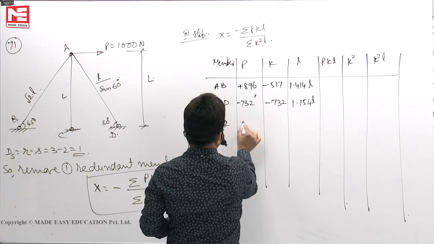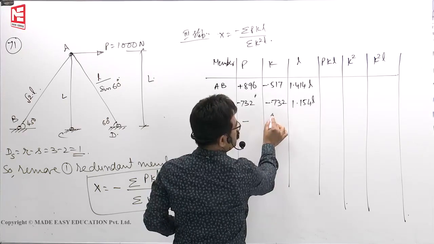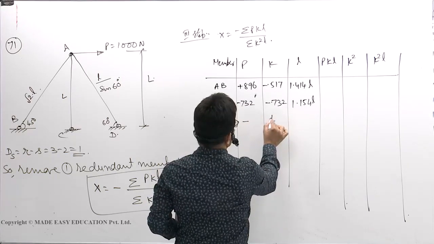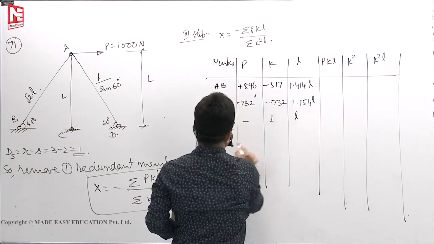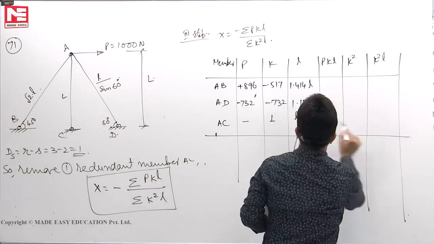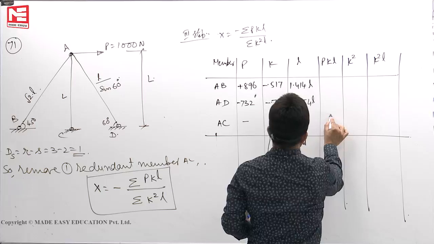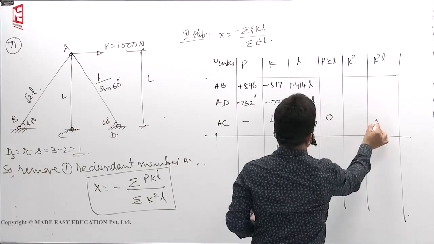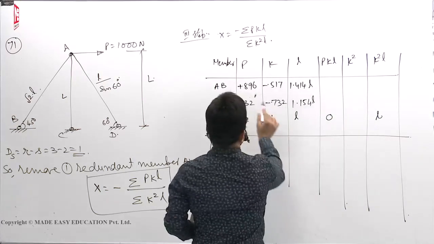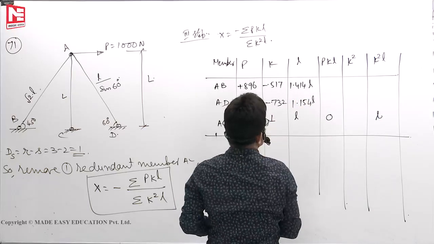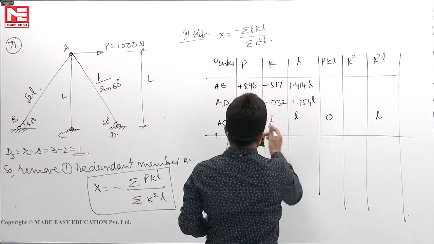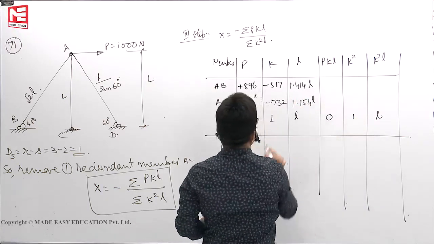We have removed, no member is there. K value tension 1, so plus 1. Length is L. So this one PKL, it is not there, 0. K square L means L itself. Then here PKL. Here K square means 1 it will become.